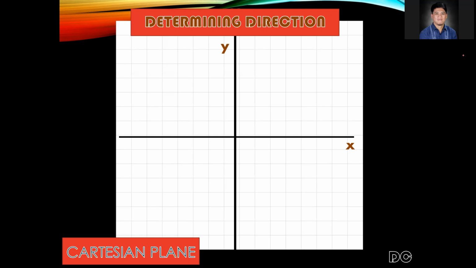The angle distance from the x-axis to the y-axis, since they are perpendicular, is equal to 90 degrees. If this is your origin, which is equal to 0 degrees, then the angle from the x-axis to the y-axis is 90 degrees.